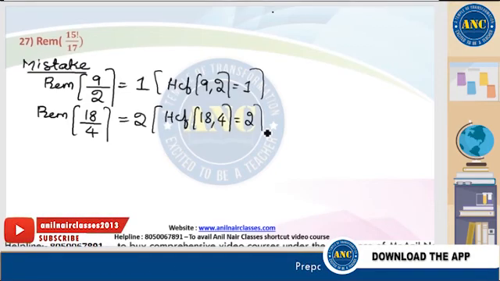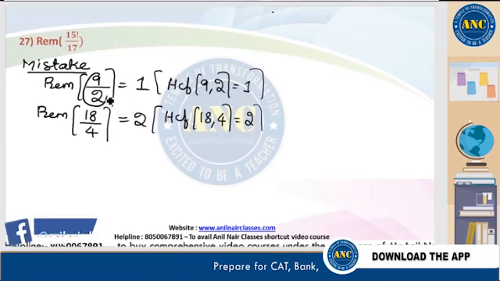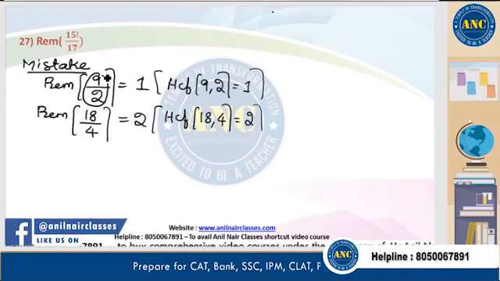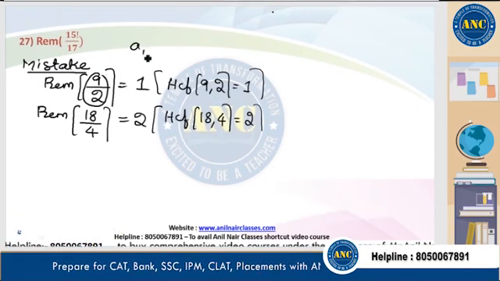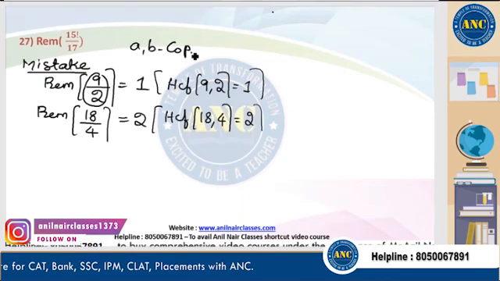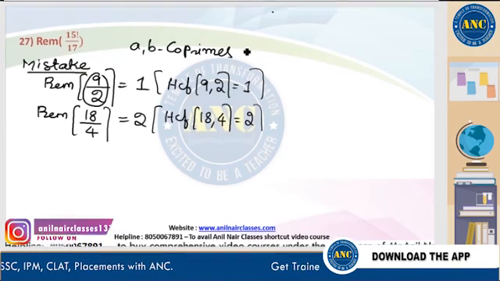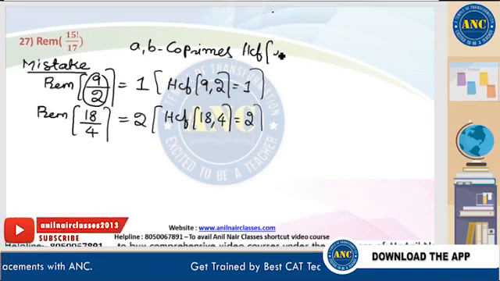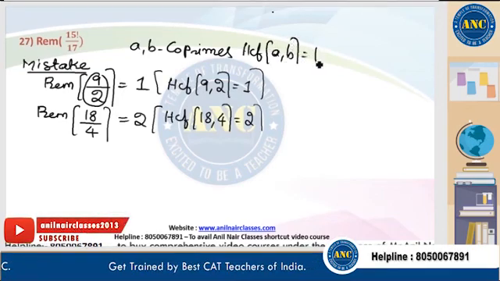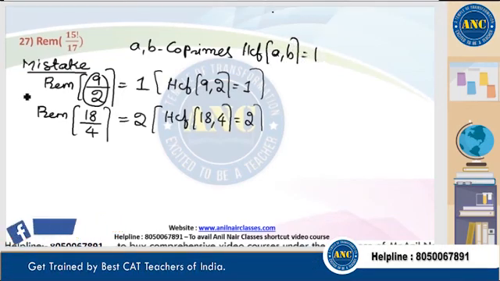Two numbers are said to be co-prime if their HCF is 1. If they are not co-prime, then the remainder is getting affected.